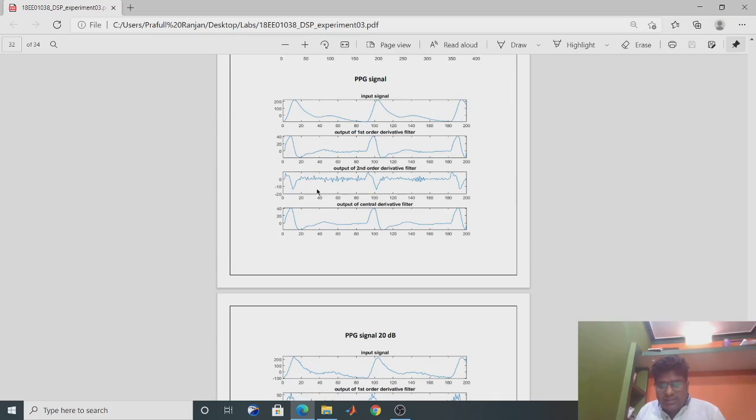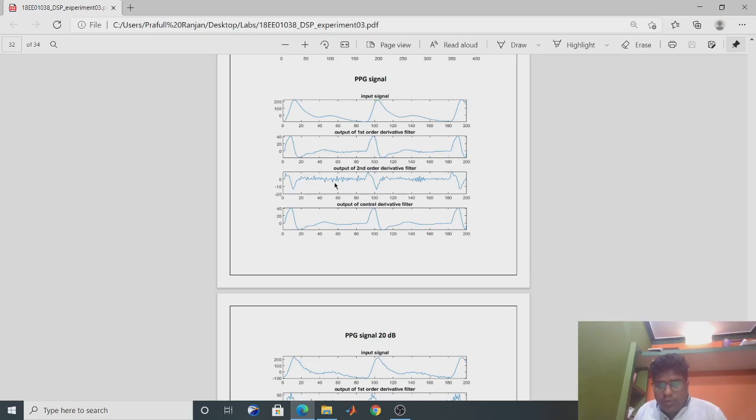In PPG we can see that this is working as a high pass filter. In this one we can see that it also amplifies high frequencies, it is a high pass filter. The first order derivative is working like a high pass filter, which is also amplifying the values of noises.